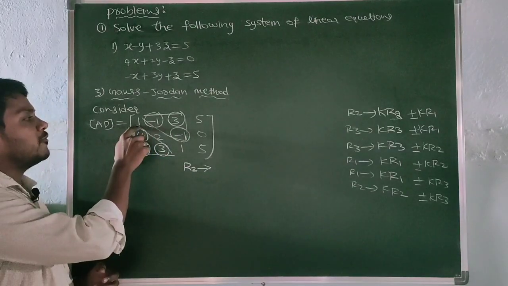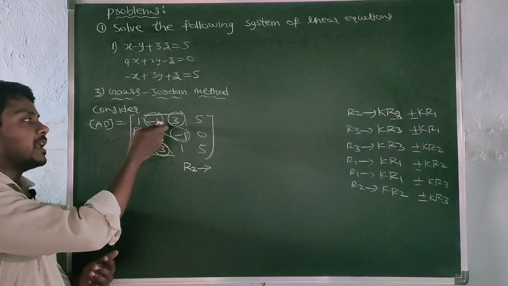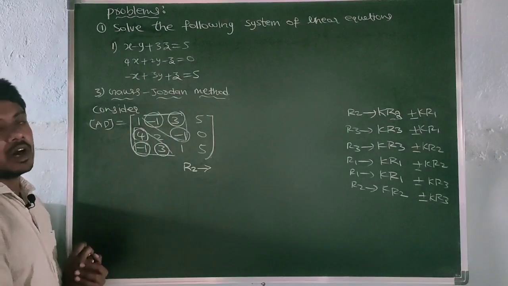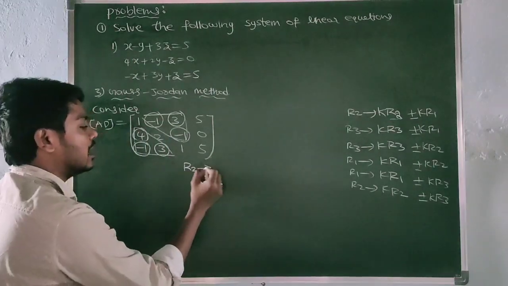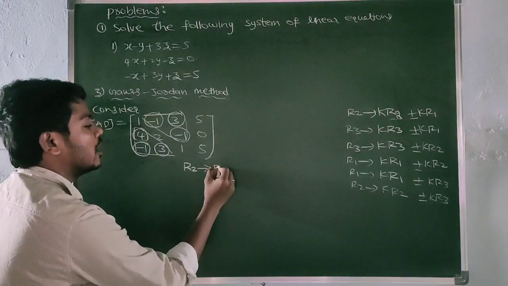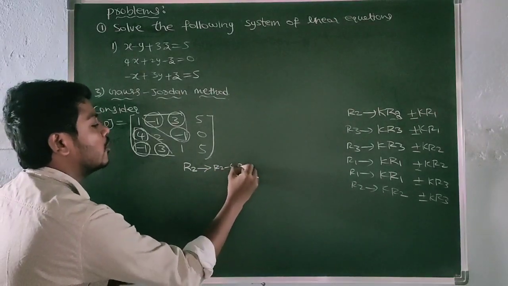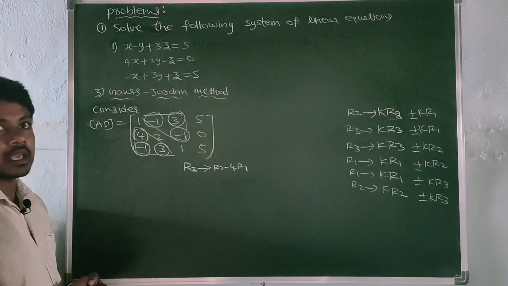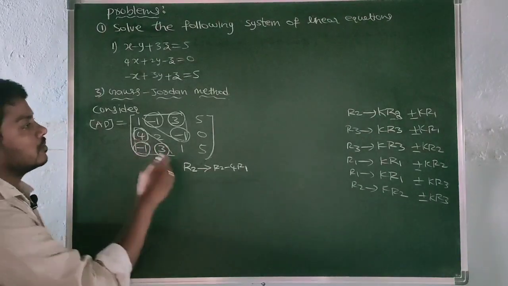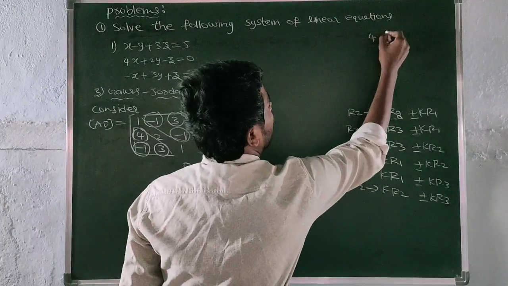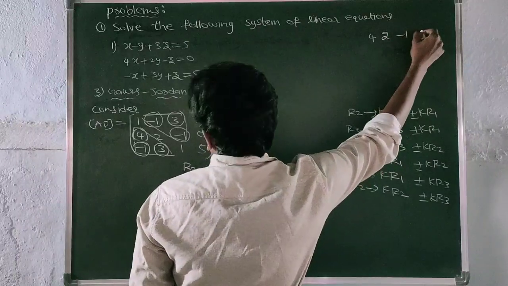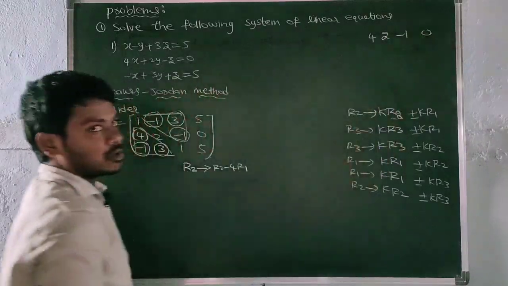So multiplying 4 with the first row and subtracting from R2. That is R2 changes to R2 minus 4R1. So what is the R2 row? See here: 4, 2, minus 1, 0. That is the R2 row.